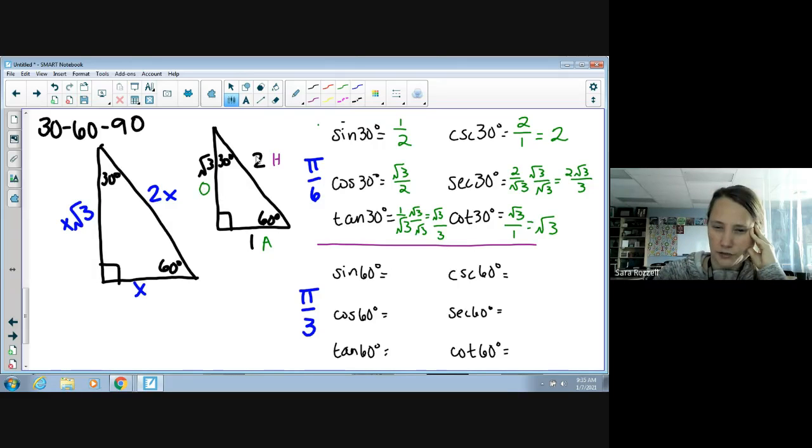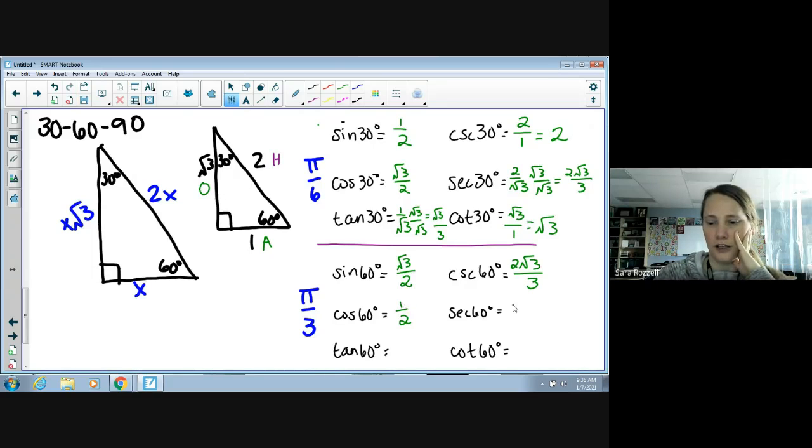So 60 opposite over adjacent would be √3 over 2, which is just the same as cosine of 30. And since I already know what that's going to be rationalized, I'm just going to write it down. Just save myself a little bit of time. Okay, cosine of 60, adjacent over hypotenuse, 1/2.